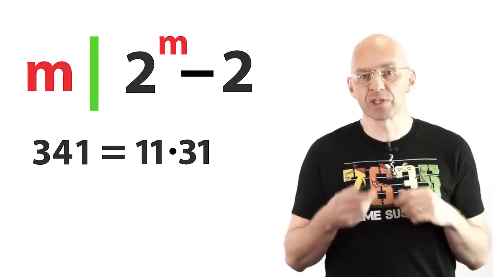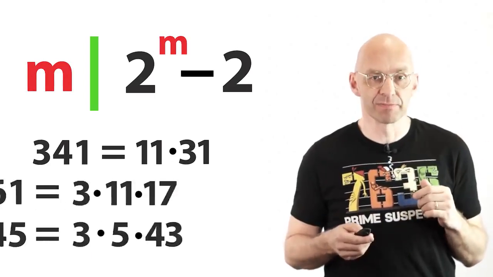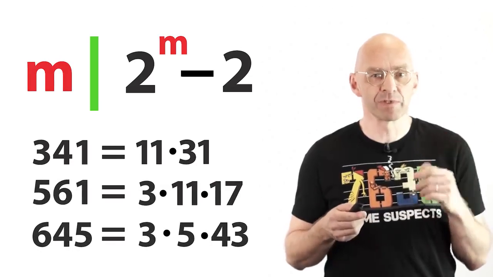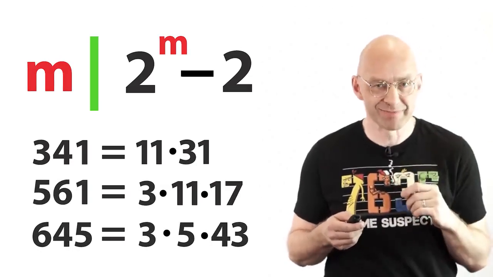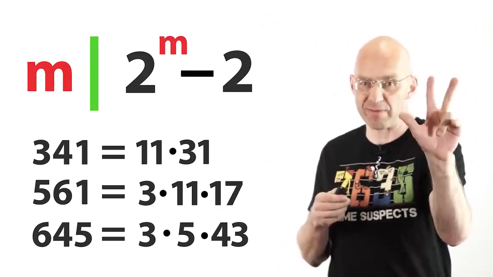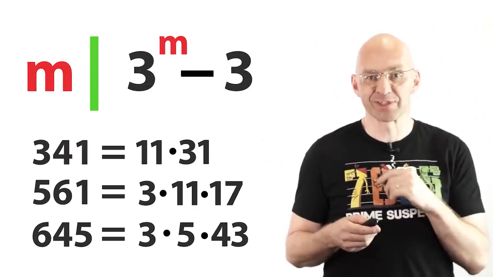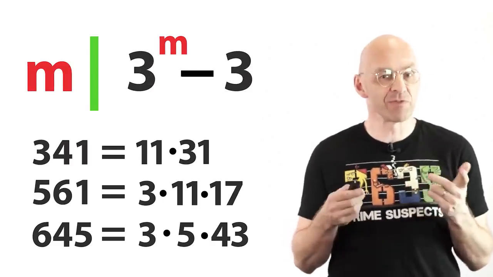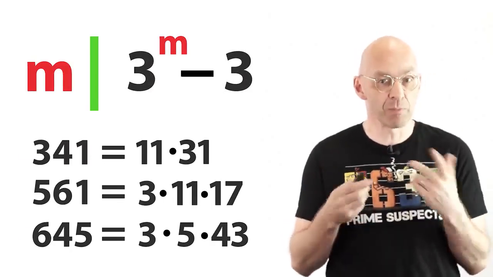And there's only 3 such numbers under 1000. But we don't have to put up with nonsense from those 3 troublemakers. 2 was just one possible choice for our integers, so let's throw 3 at them. And that works. Using 3 identifies 341 and 645 as non-prime numbers.